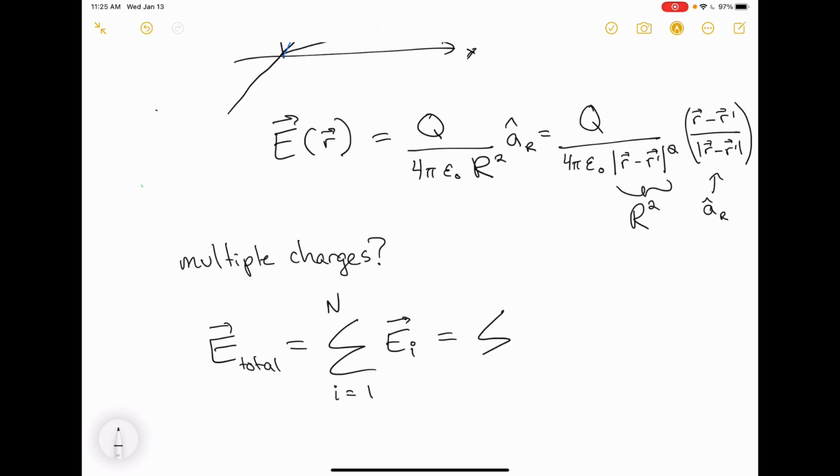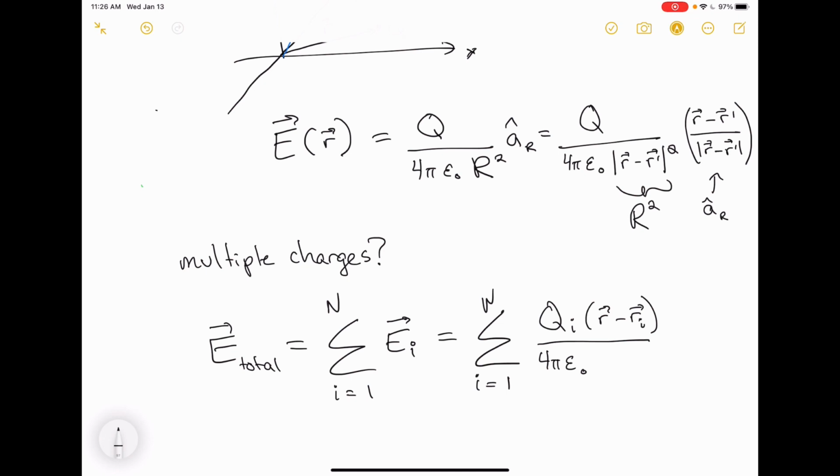So that works out to the sum from i equals 1 to n of q sub i, because they might have different values of charge, times r minus r sub i. The observation point here does not change, but the location of each individual point charge can change, divided by 4 pi epsilon naught.